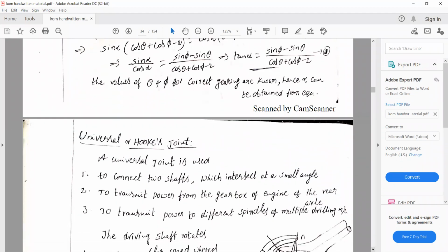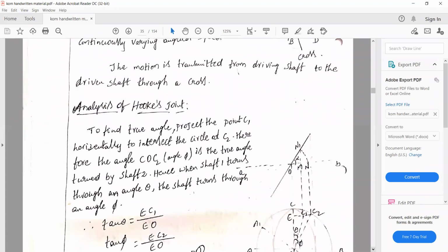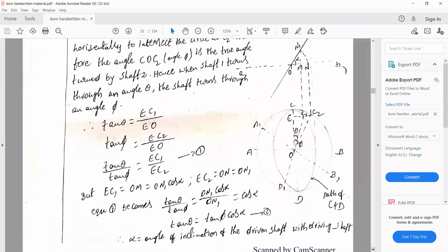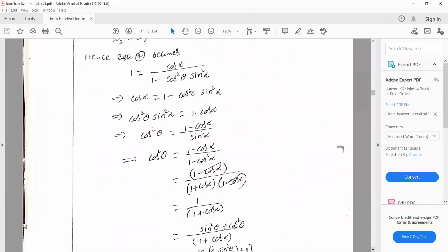And finally, the second chapter covers the analysis of the Hooke's joint. That derivation may occupy nearly 3 pages.